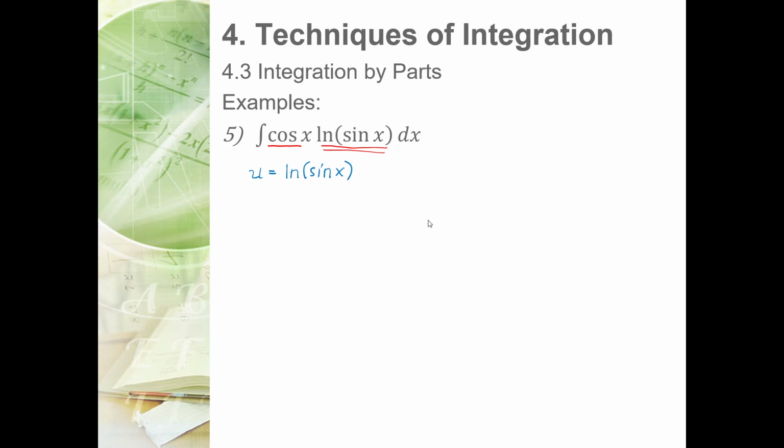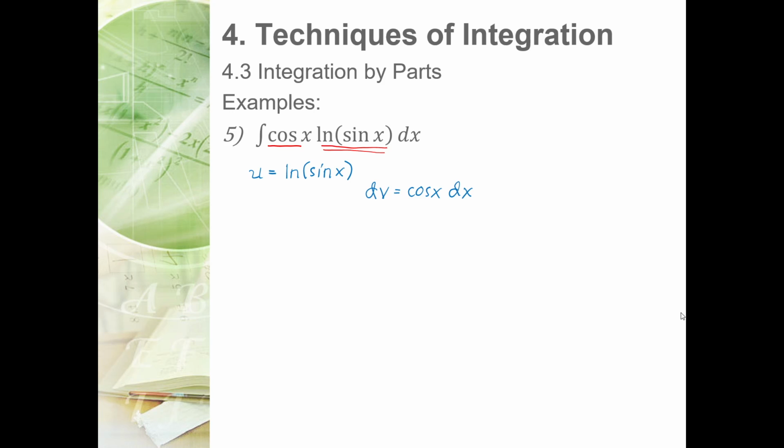So our dv is the other component, which is cosine x dx.